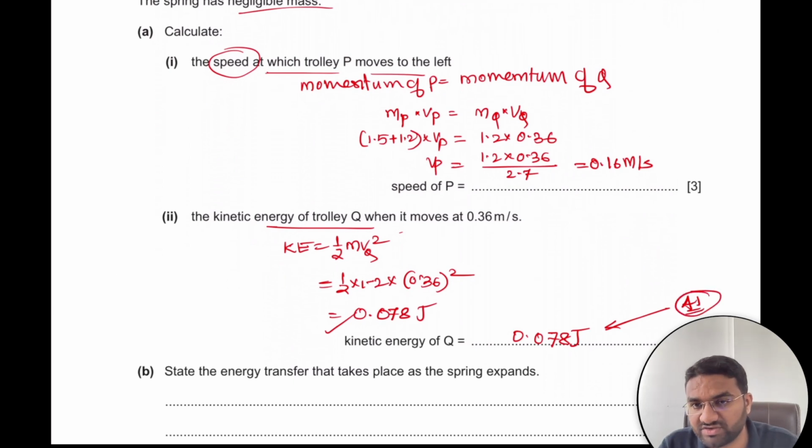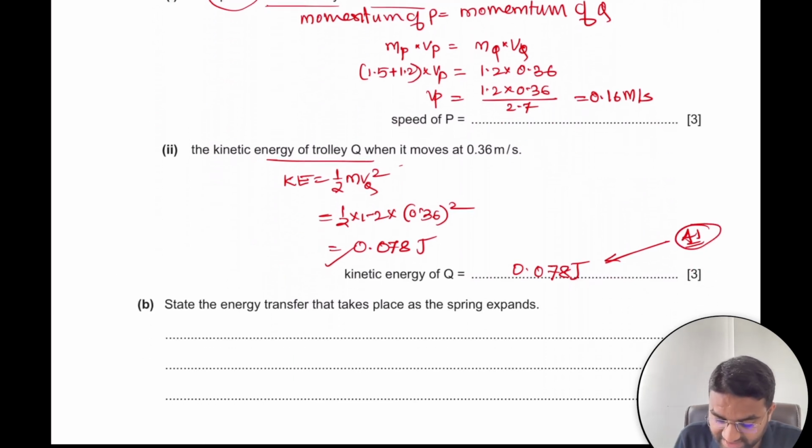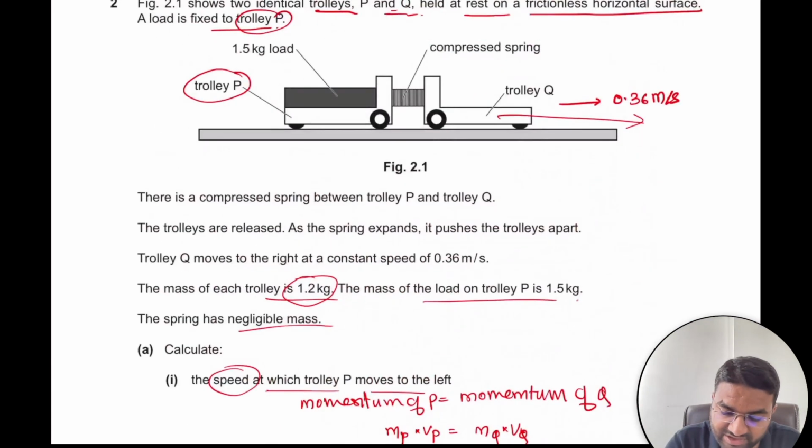All right. So next, state the energy transfer that takes place as the spring expands. Okay, so here initially when the spring is compressed between these trolleys, elastic potential energy is stored. Fine. And this elastic potential energy is converted into kinetic energy.